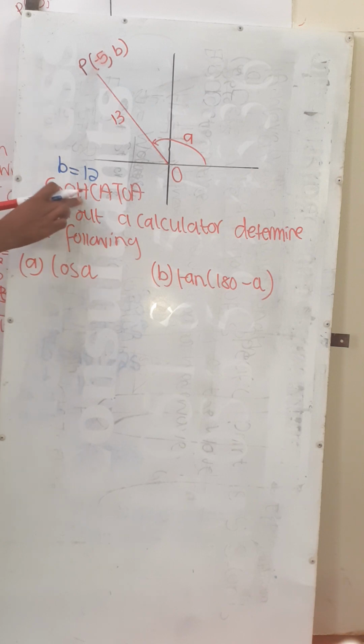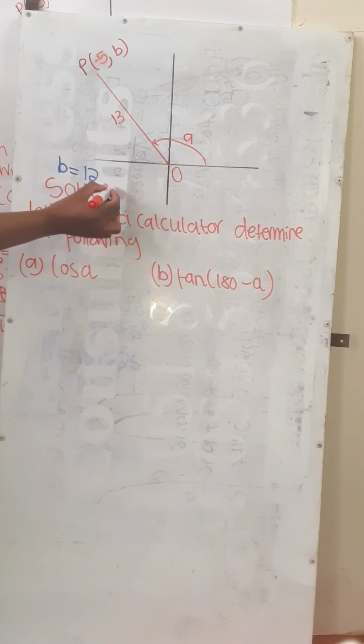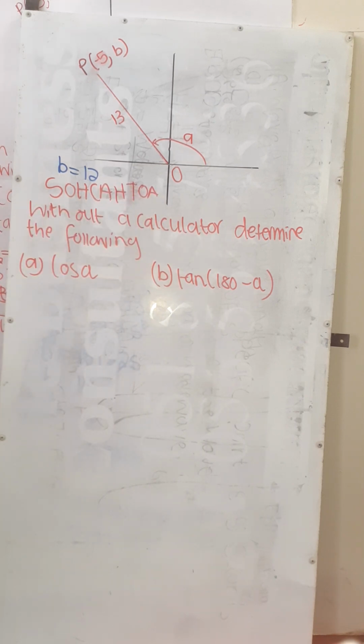Sine is opposite over hypotenuse, cos is adjacent over hypotenuse. Tan is opposite over adjacent. So here we're asked to determine cos alpha. The reason why we have to find b is that we need to know the value of x, y, and r, and we are going to use them to solve these problems.